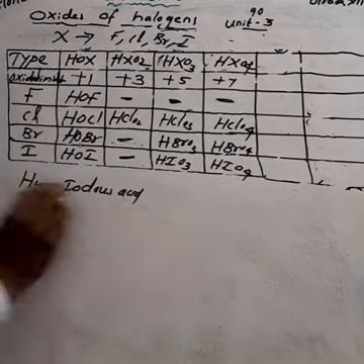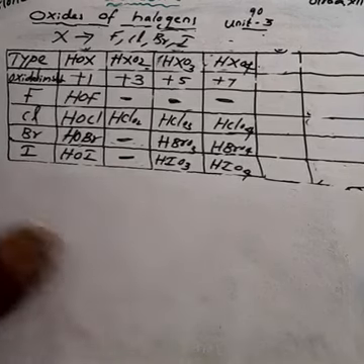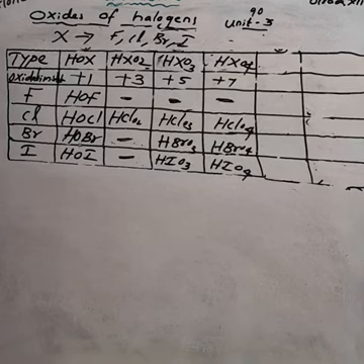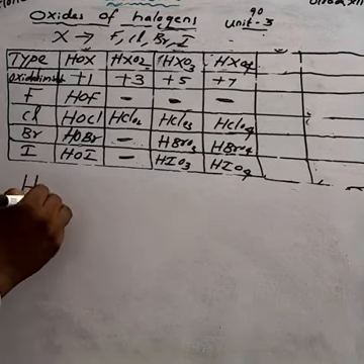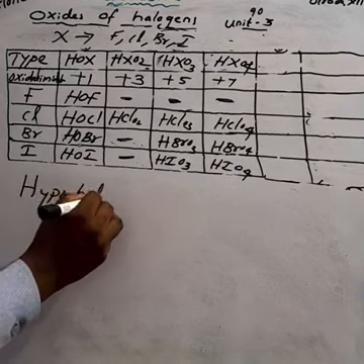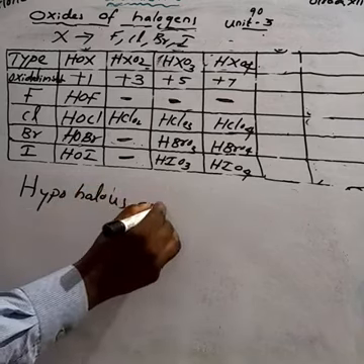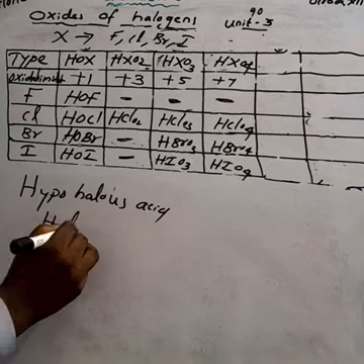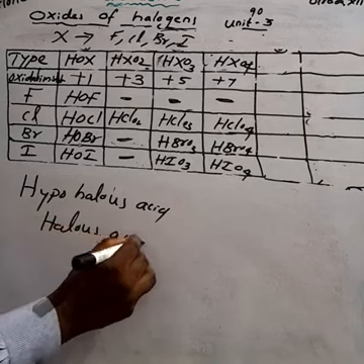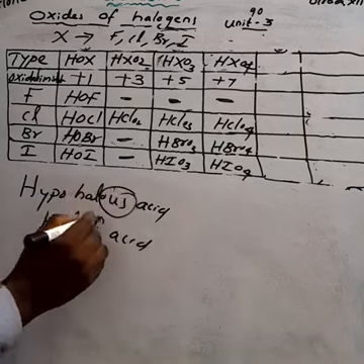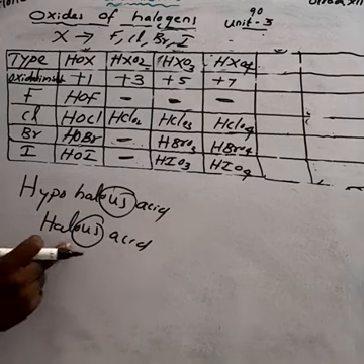Dear children, as per the common name, hypohalous acid and halous acid are 2 types of ous acid. One is hypohalous acid, another is halous acid.